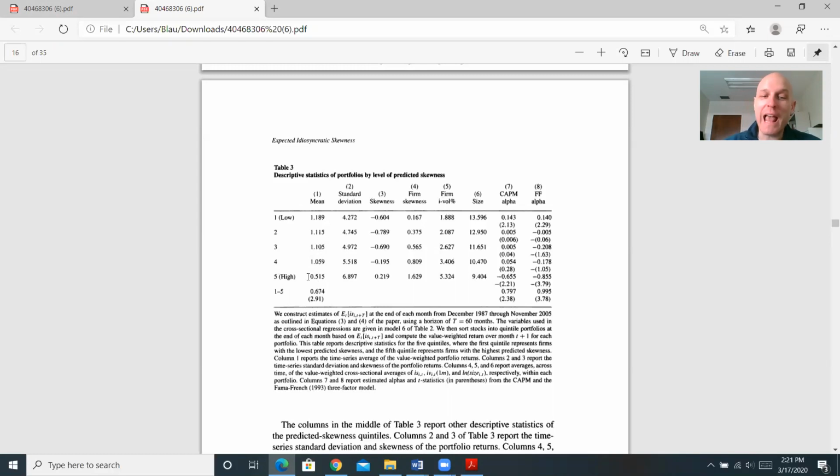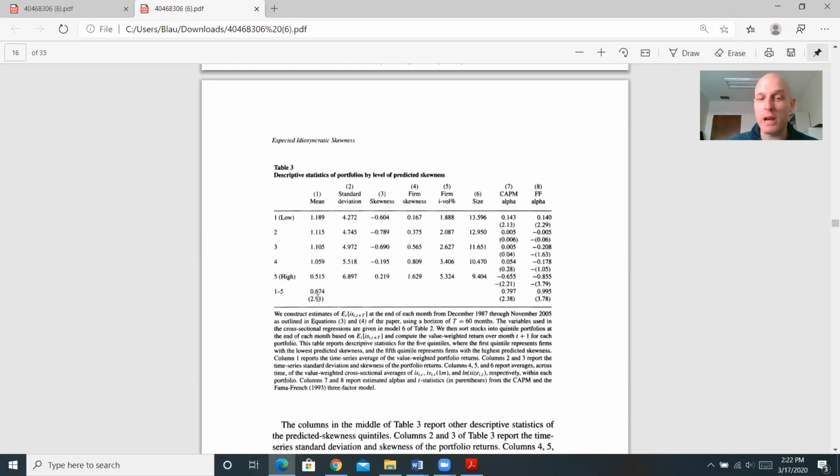Stocks that have positive skewness significantly underperform stocks that have negative skewness. All right? That is, stocks that have positive skewness might be overpriced relative to stocks that have negative skewness. Stocks that have negative skewness are underpriced. So the idea here is, look, this is 67 basis points per month.